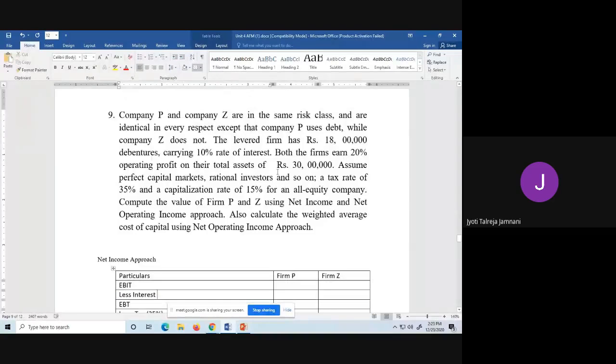They have said that both the firms earn 20% profit on the total assets of rupees 30 lakh. So on 30 lakh, we have to calculate 20% to get the EBIT. 30 lakh into 20%. How much you get? 6 lakhs. So it is 6 lakh for firm P and 6 lakh for firm Z.